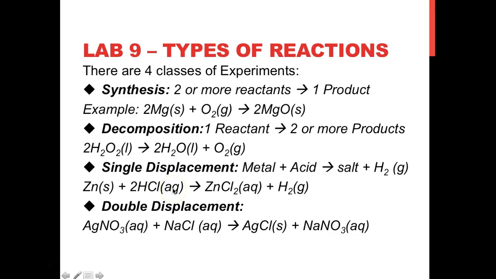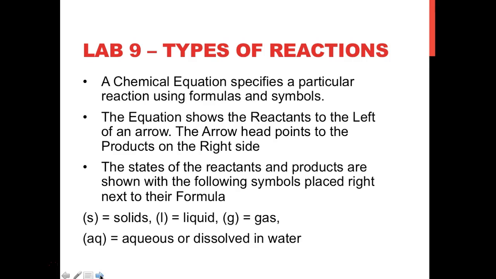And when you see AQ, that means dissolved into water or aqueous solution, right? So you can see clearly that the silver chloride is not dissolved into water. It comes out of solution in the form of a precipitate. Okay. So the equation is kind of the roadmap. It tells you what is happening in the reaction.